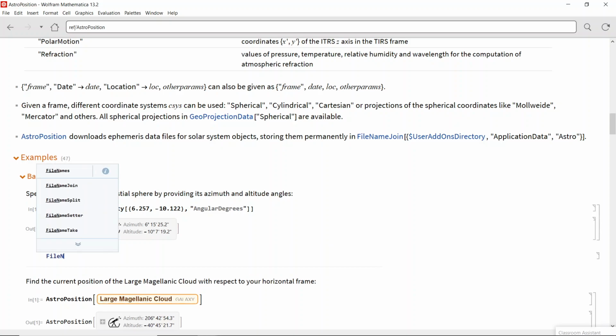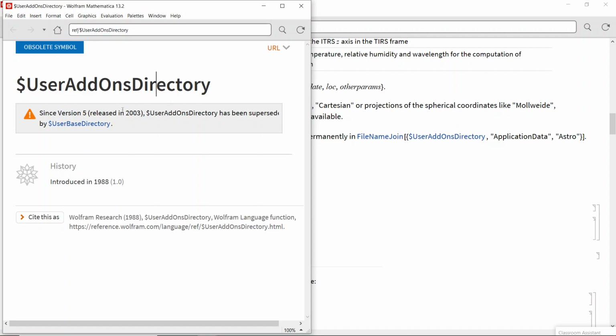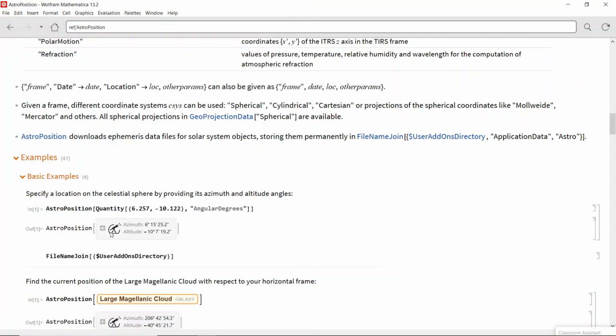So if I open that, I can see FileNameJoin[{$UserAddOnsDirectory...}], or $UserBaseDirectory, ApplicationData, Astro, and I can go all the way over here and do SystemOpen.